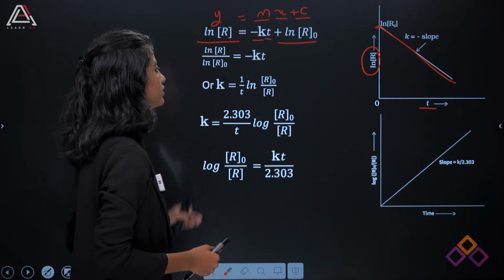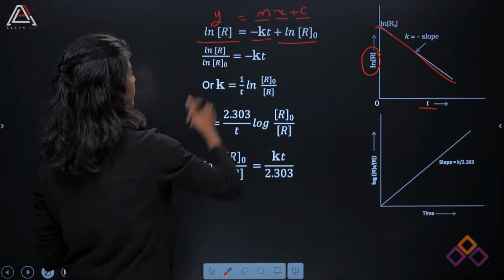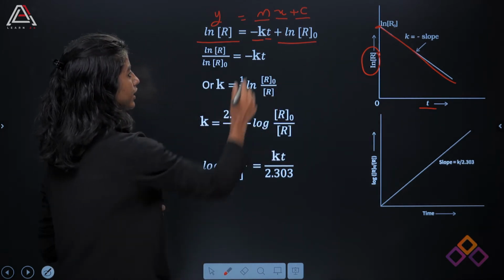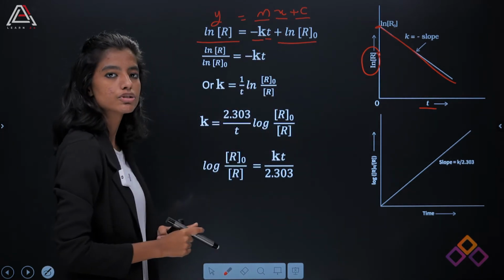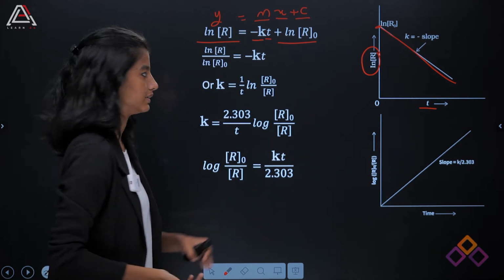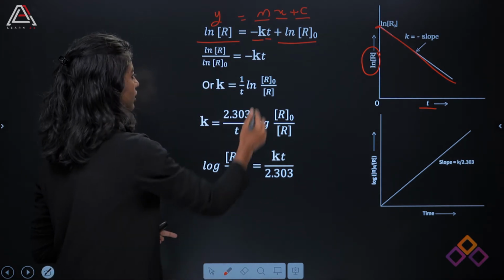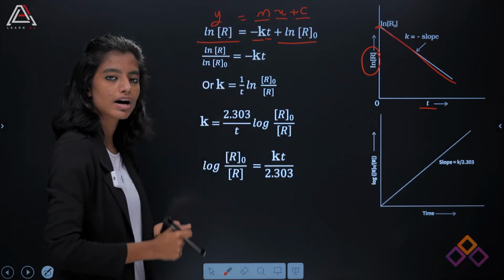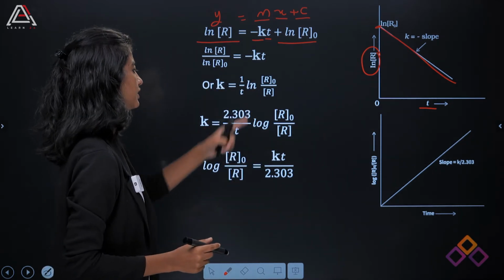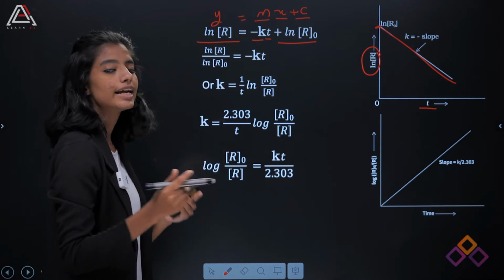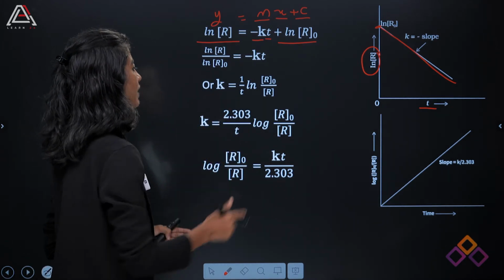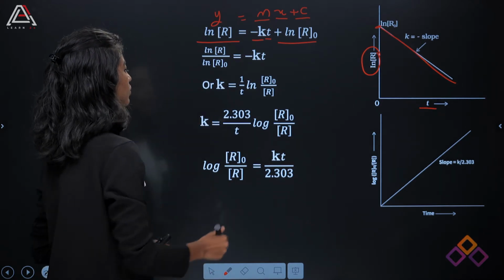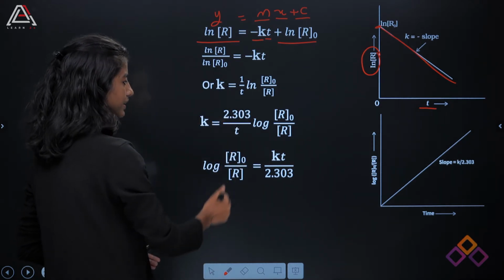Now we can continue this equation, that is ln concentration of R divided by concentration of R naught will be equal to minus Kt. We should know the value for the rate constant. So K will be equal to 1 by t into ln concentration of R naught divided by concentration of R. Now taking the log of this equation by multiplying it with 2.303, K will be equal to 2.303 divided by t.